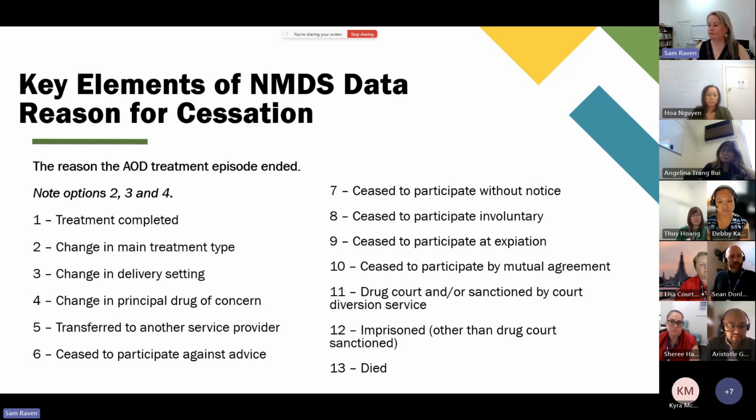So they have ceased that engagement with you. Or 13, they've passed away, which sadly also happens in our sector occasionally. So they're all the reasons for cessation.